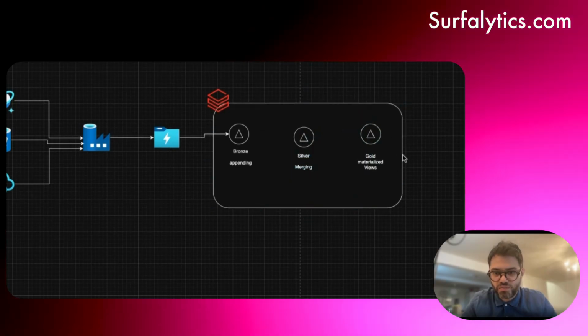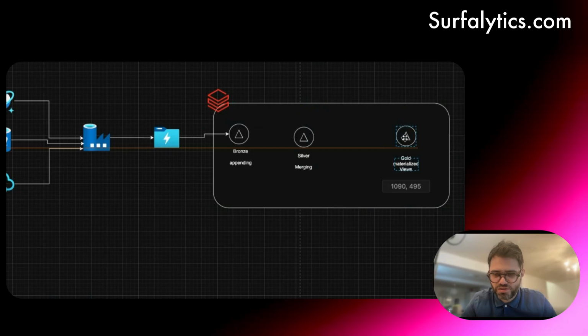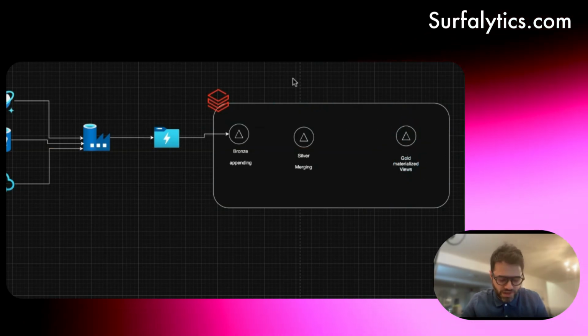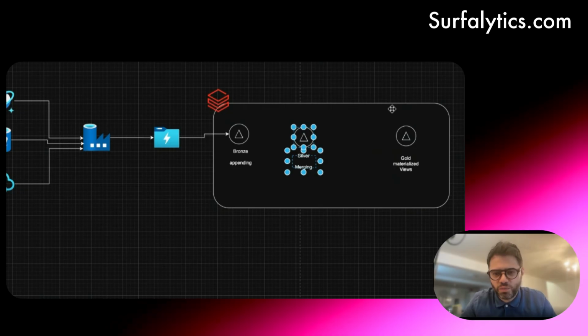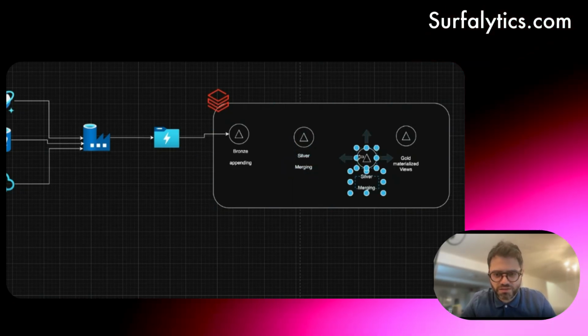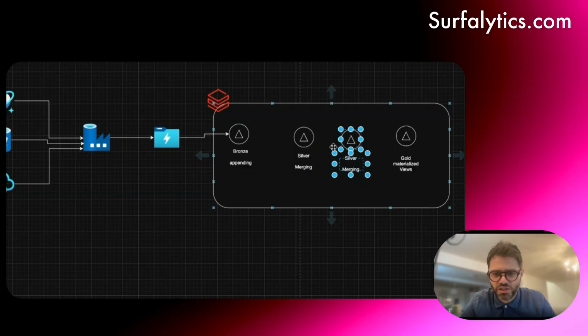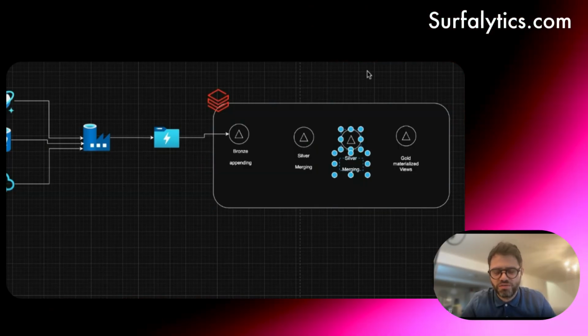For example, there is a really famous guy from Advanced Analytics, I know him, and in a video he was saying, we're following this 3-hop architecture, but in general there could be two silver stages. Same with DBT, there could be different intermediate layers.